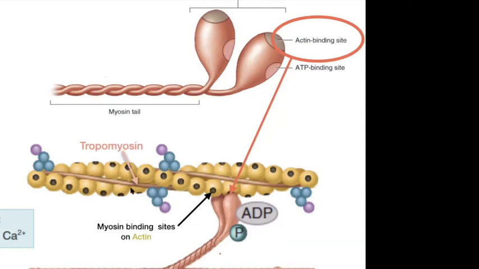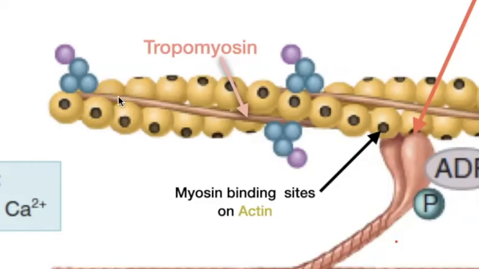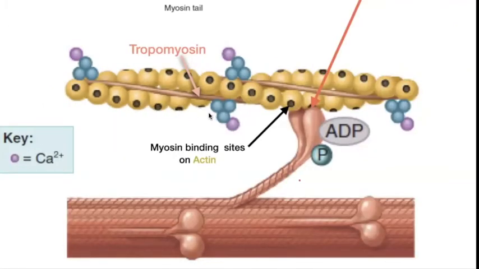So here are the regulatory elements that are also wound up with the actin filament. The first one, the string that's going along the length of the actin filament, is tropomyosin. One of the regulatory elements. What the tropomyosin is doing is keeping these myosin binding sites, which you can see are in a particular orientation, away from the actin binding sites of the myosin.